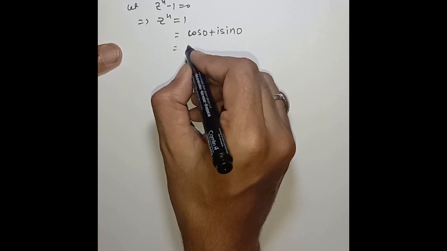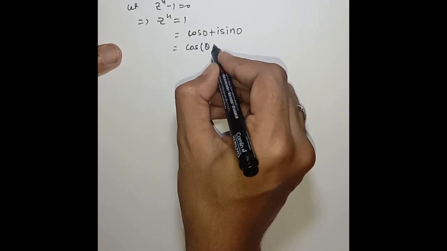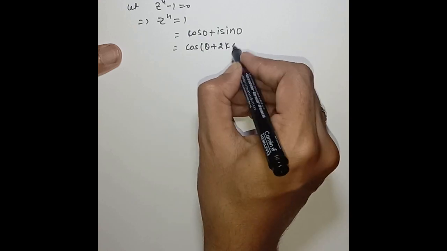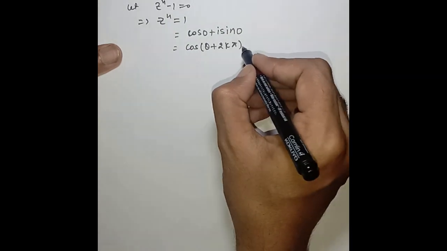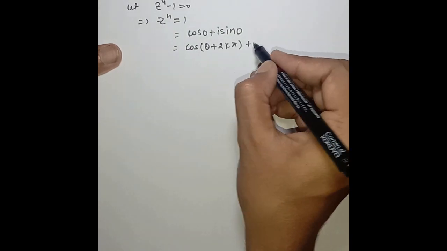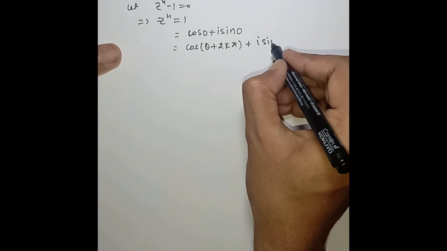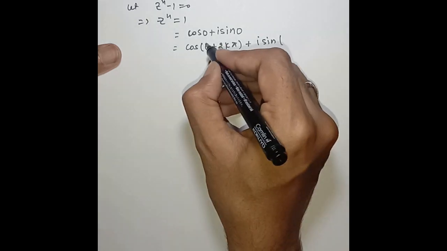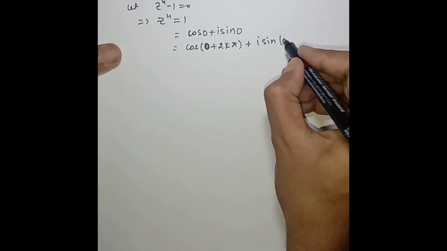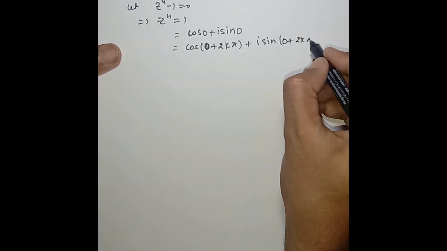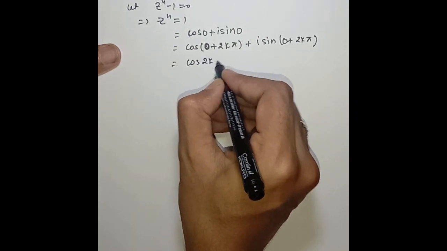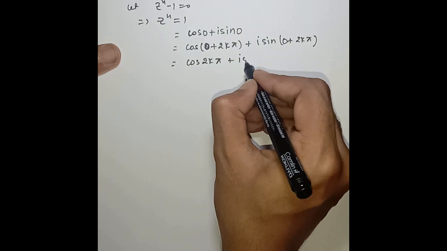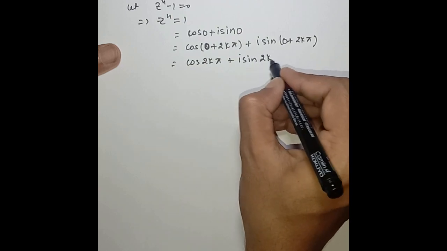That is cos(theta plus 2k pi) plus i sin(theta plus 2k pi), where k may be 0, plus minus 1, plus minus 2, and so on. So this is equal to cos 2k pi plus i sin 2k pi.